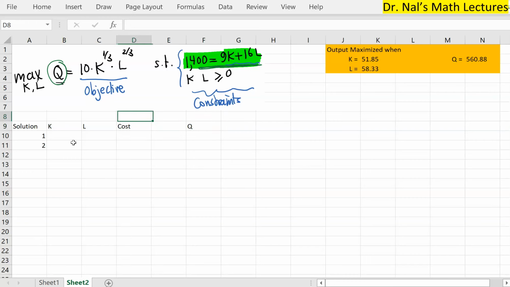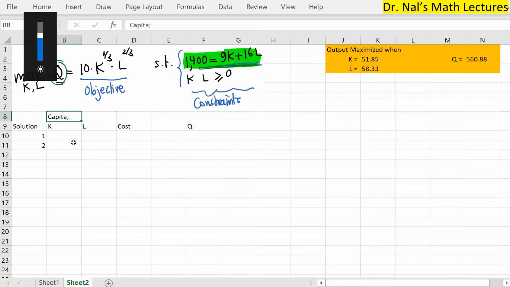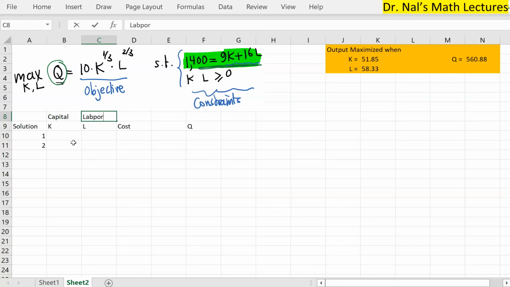Q, which is the output, right? So this is capital, we have labor here. And cost, which I can represent as C. Well, I can write the actual formula, right?